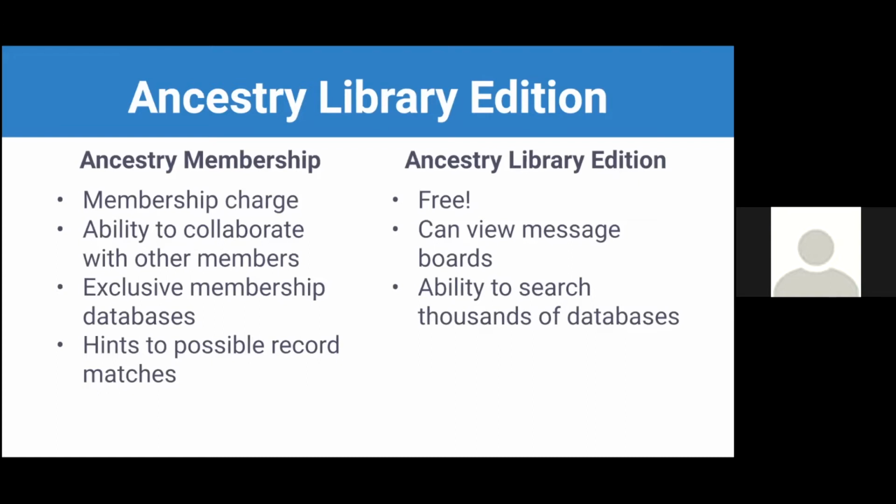We're very fortunate to have the Ancestry Library Edition that we can use. There's over 10,000 databases on the library edition, so there's plenty of record collections for you to use for your genealogy research.